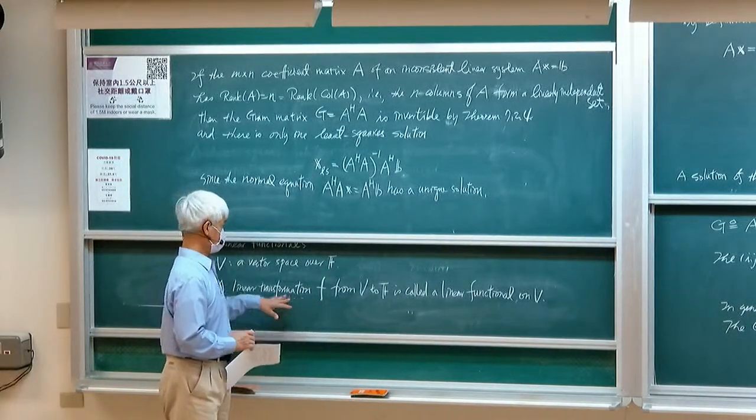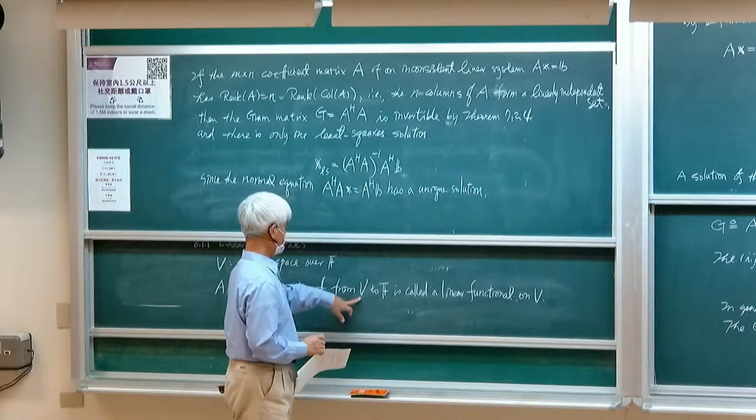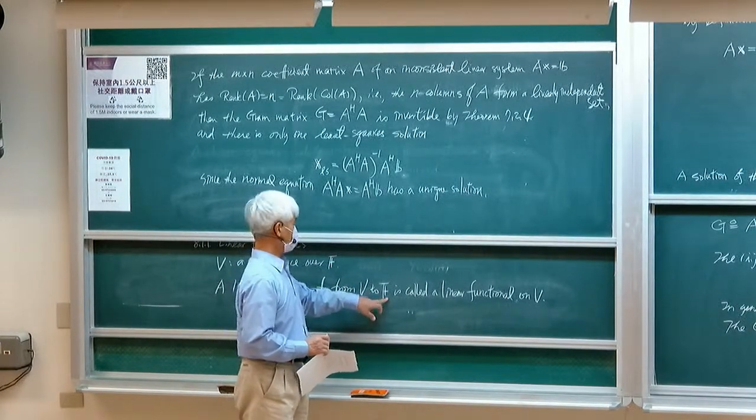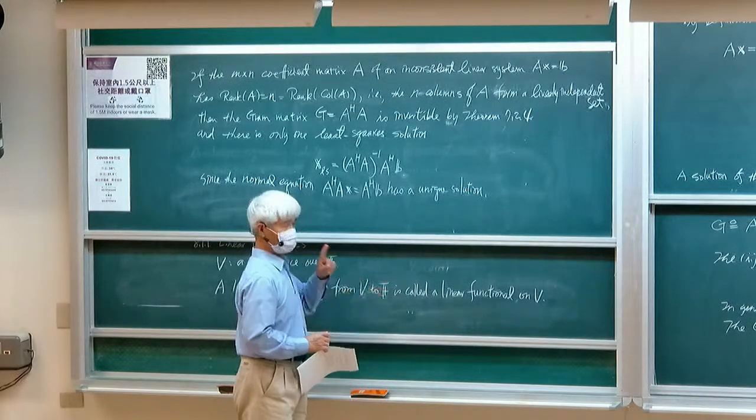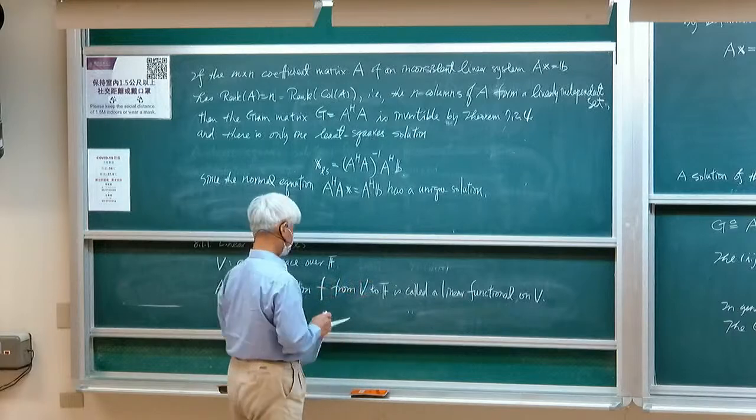It is a linear transformation from the vector space V to the scalar field, and we know F is a one-dimensional vector space over F.